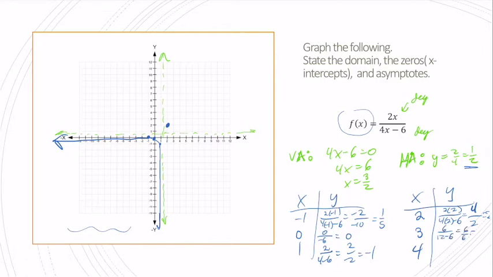So when x is 3, y is 1. And then when x is 4, I get 8 over 16 minus 6, which is 8 over 10, which is 4/5, which is above a half, but it's really, really close. So my graph is going to look like this. Beautiful.